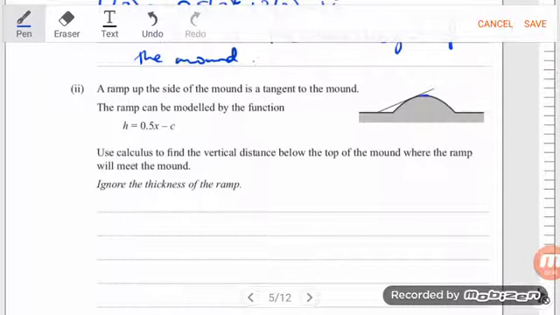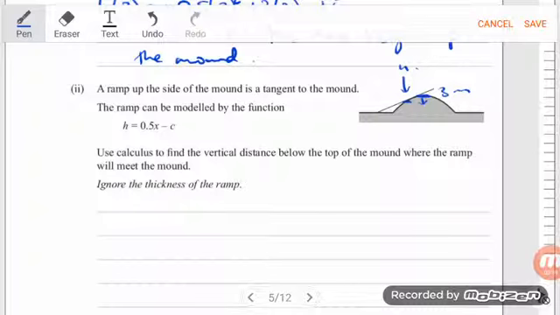So here we already know our max height is 3 meters. They want to know the difference between the top and here. So we need to find the height here.